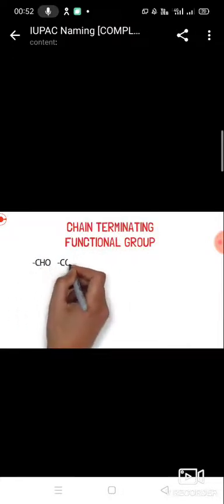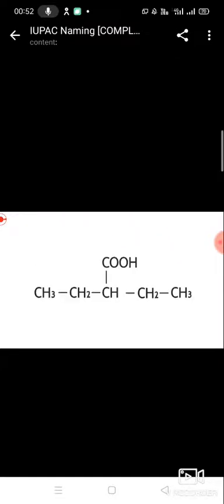So chain terminating functional groups: CHO, COOH, COOR, CN, CONH2, COCl. These all will come at the end of the carbon chain. Either end also it can come. But it never comes in the middle of the chain. Either it comes at the end or in the middle as a side chain.